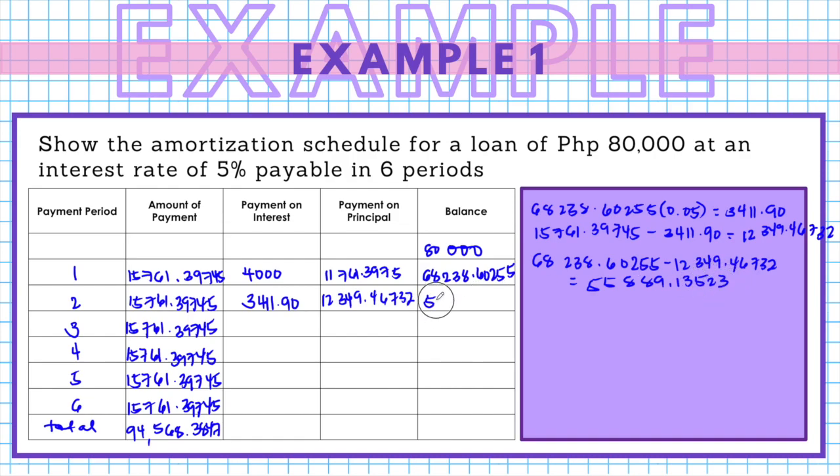So this is to be written here. So I'm going to be filling in this amortization schedule with the same process again and again until I have a balance of 0. So I'm going to be doing a fast forward of this one, so please stay tuned.